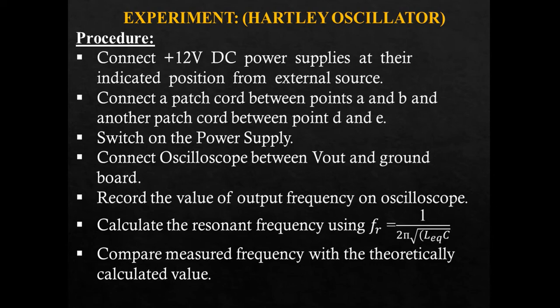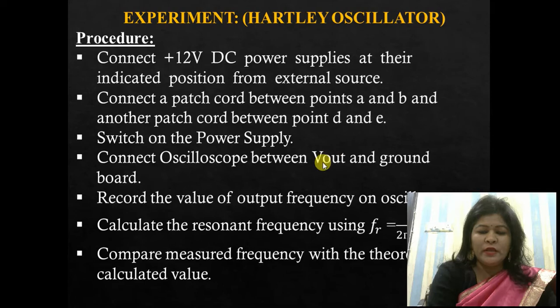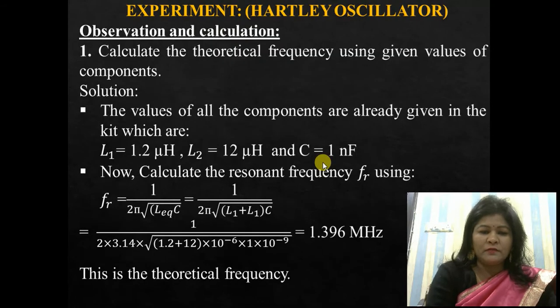So first you have to calculate the theoretical frequency. How to calculate the theoretical frequency? You can calculate the resonant frequency, or we can say oscillation frequency. So this is the formula, and according to this formula you can calculate the oscillation frequency.